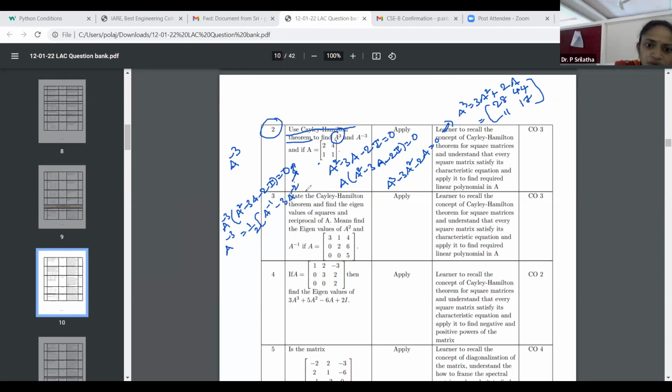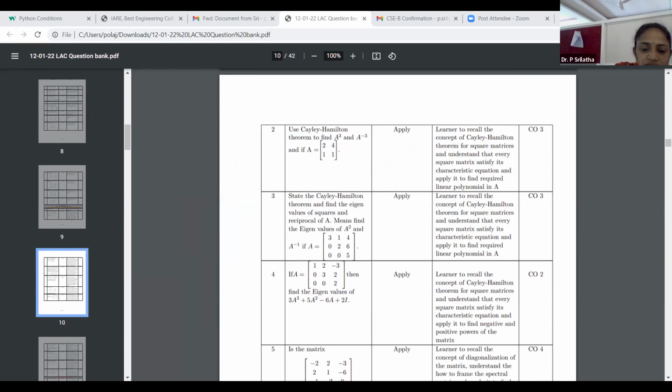But what about the a power minus 2 value? We can find it now, ma'am. So before that, you have to multiply with a inverse on both sides. You have to do it like this, then only it will be easy. So what is the equation?